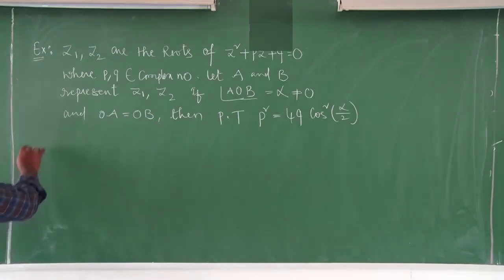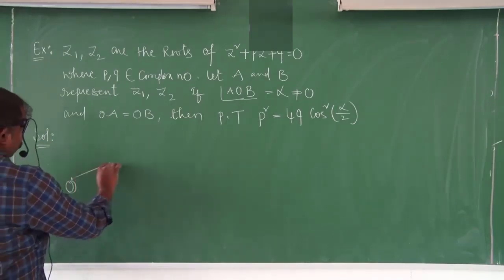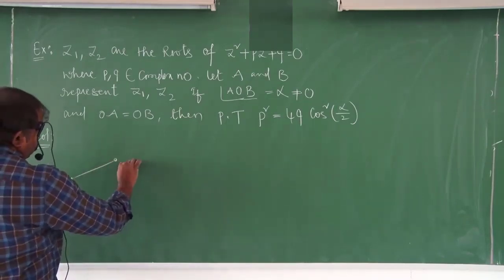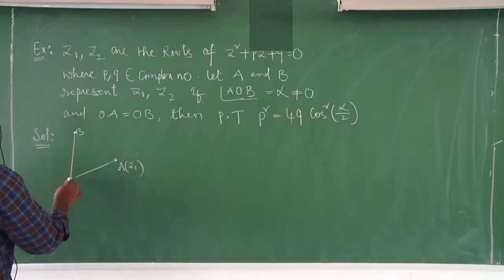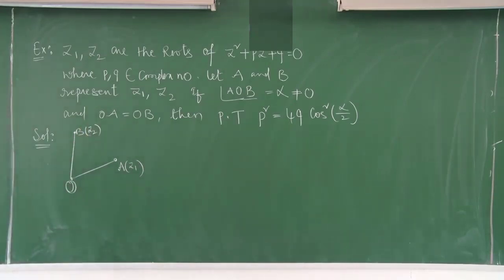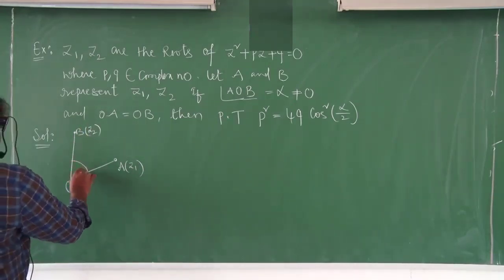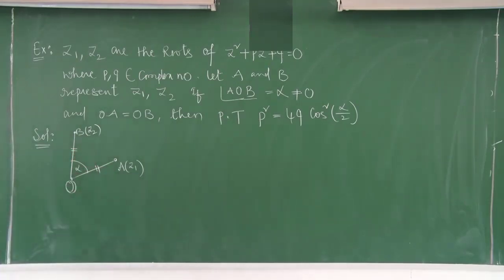Listen, all of you. If this is O, this is A of Z1, and let this be B of Z2, and here it is given as alpha, and these two lengths are equal.